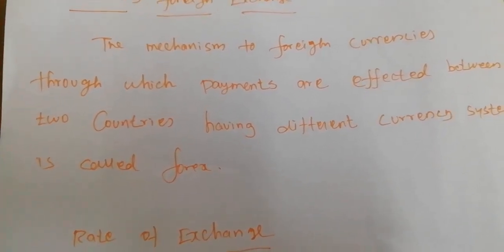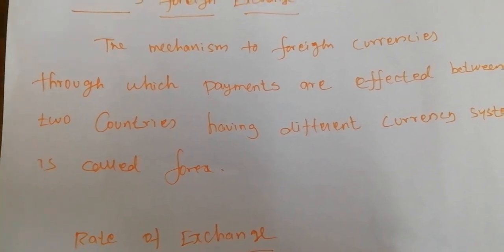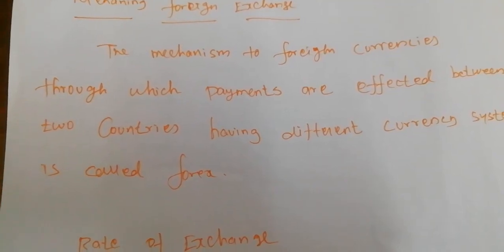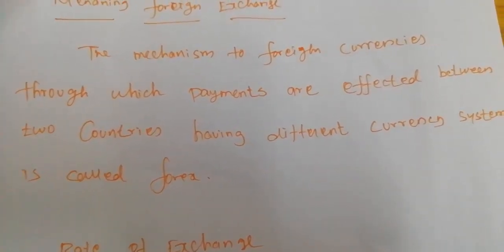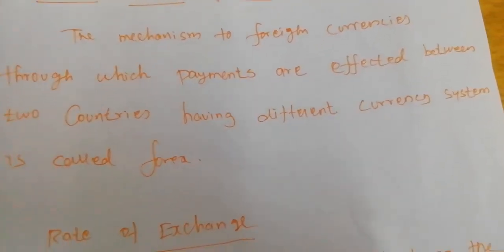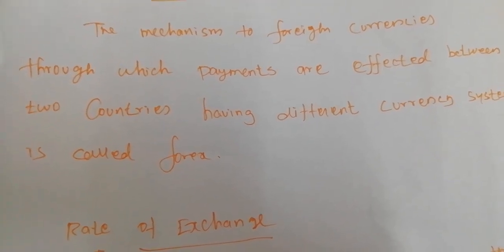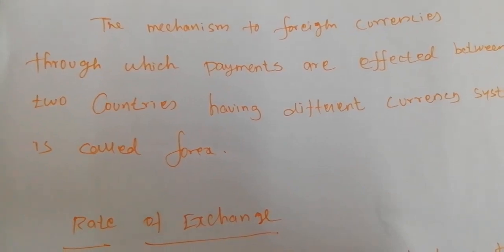The mechanism through which payments are effected between two countries having different currency systems is called the foreign exchange system. More nations are involved in international trade, so they have to exchange their currencies.